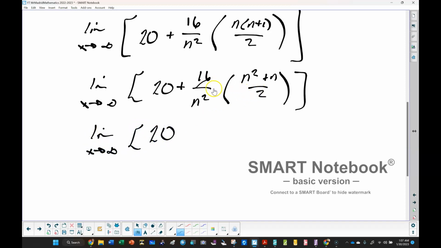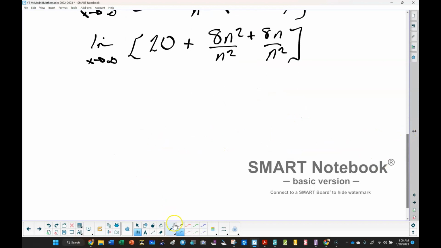Let's see what we can do here. These cancel, that becomes an 8. I'll include these last steps just so you don't miss anything. We've basically got 8n squared plus 8n over n squared.